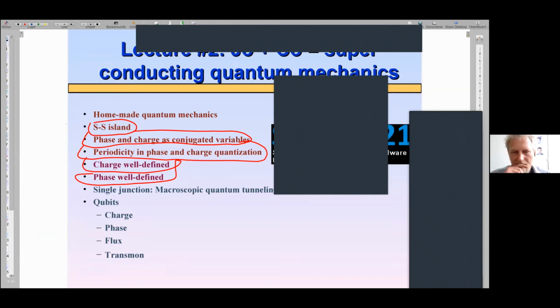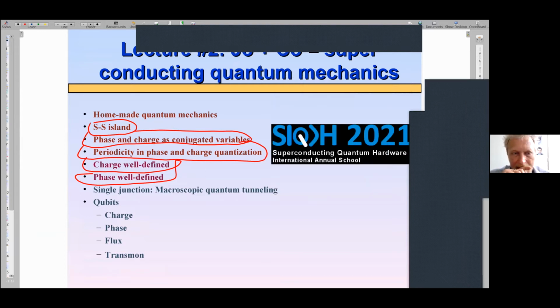And that will bring us to actual qubits made on this device. I will discuss some designs of the qubits, which, if one takes it very practically, have more historic value than practical one.